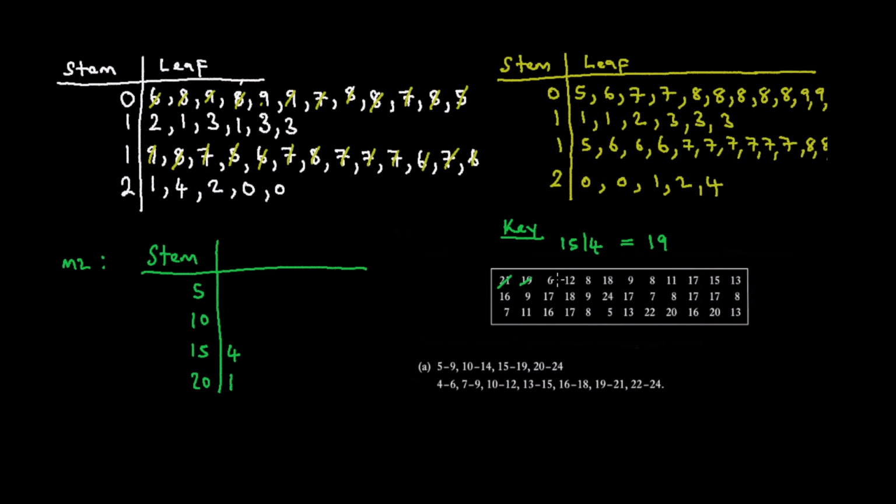So for 6 we don't write 6, we write 1, for 12 we don't write 12, we write 2, for 8 we write 3 like this. Wonderful. So this gives you extra work, but it's also another way of going about it.